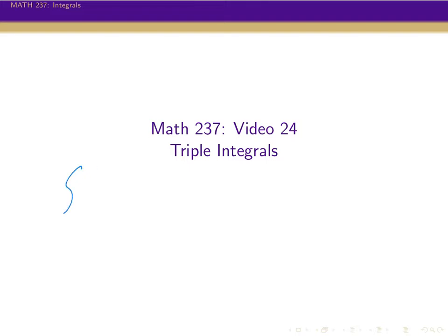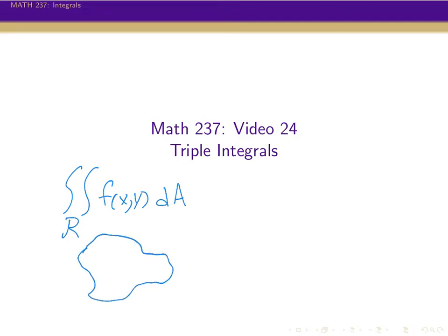So double integral, we're integrating some function of two variables over some region, and we use dA as representing little bits of area. Remember, R is some region on the xy plane usually.